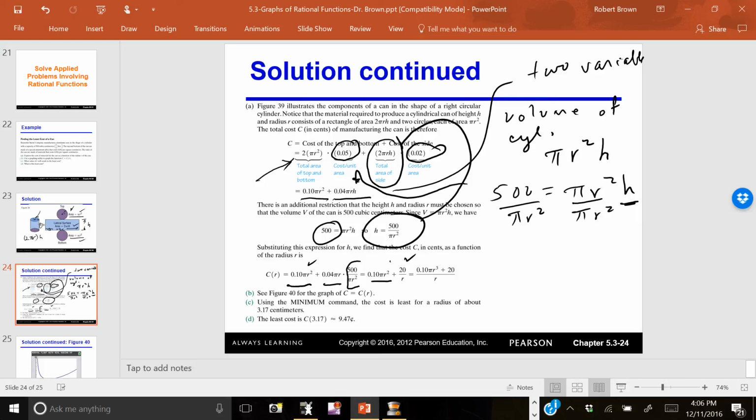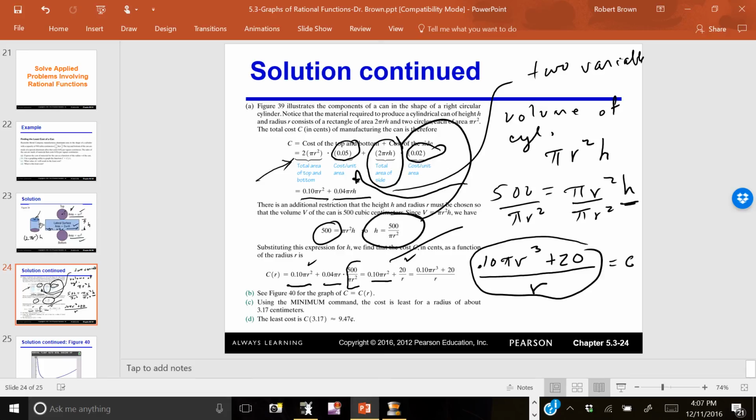And we could just put this in the equation, but if you wanted to, you could find a common denominator, which would be r, which would make the first term 0.10 pi r cubed. The second term would still be 20, and it would all be over r. So this is the cost that we want to minimize.